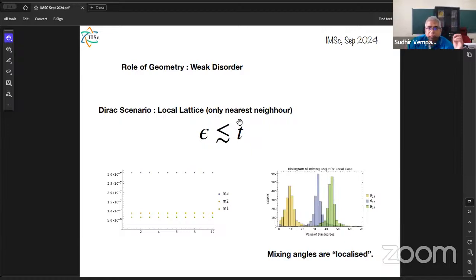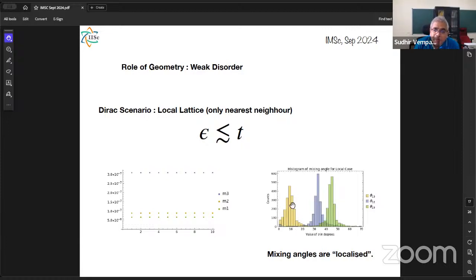We can take the limit of weak localization, or the weak disorder limit. In this case, you don't have complete localization of the wave functions, but you can have mixing angles which are localized.